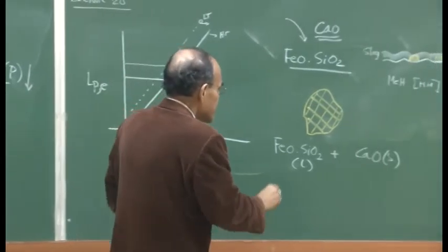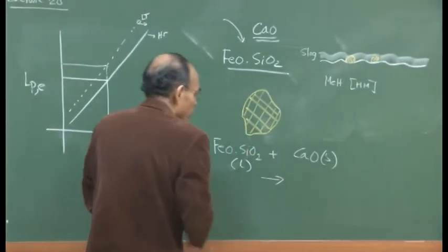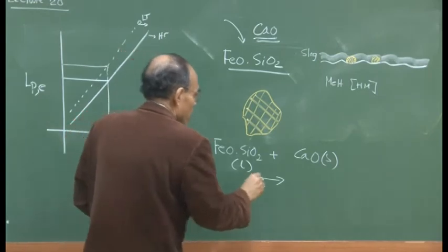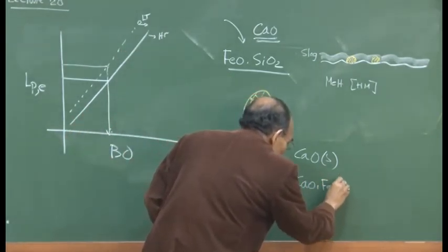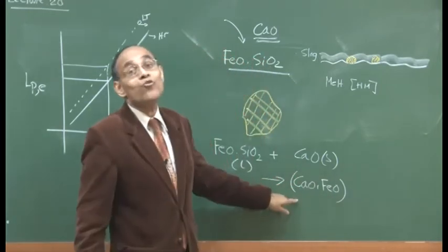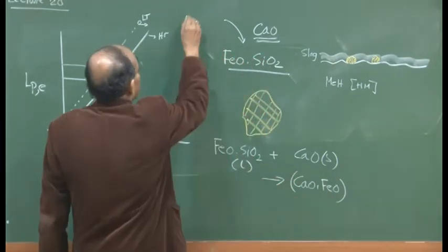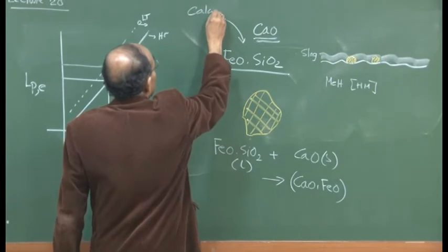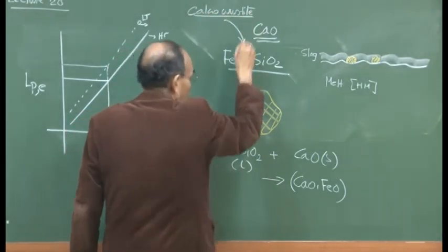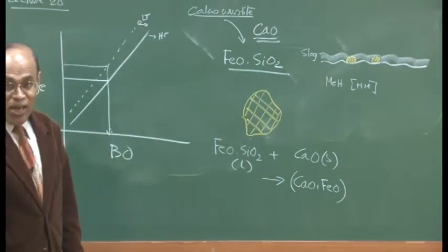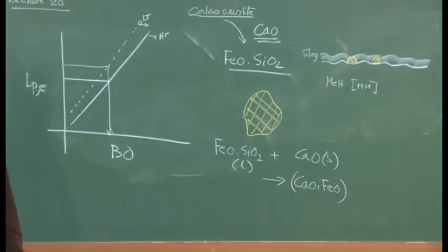Okay? And as a result, the reaction takes place and we have a phase which forms as calcium. This phase is called calcium oustite. Although I write FeO, we know that oustite is Fe0.947O from our knowledge of iron making.